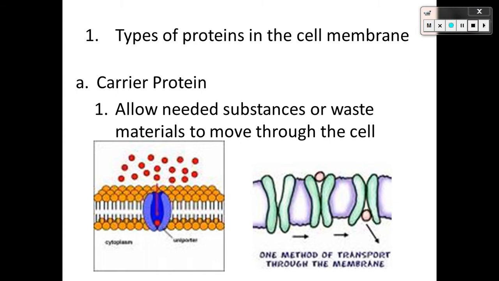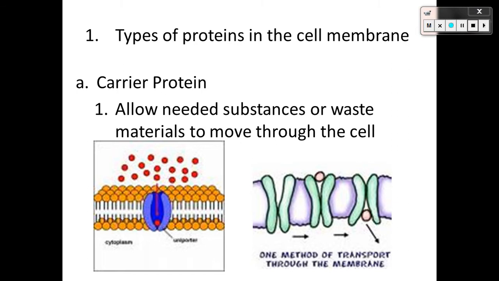This picture down here is an example of how it works. We see these particles come in, like that little red circle, and when it reaches the mouth or opening of the carrier protein, if the carrier protein feels it is necessary to come through, or if it fits its shape properly, it's going to rearrange its shape and open up its mouth, allow the particle to slip through, and then close on the other end, as you see here, to prevent other molecules from rushing in all at once.